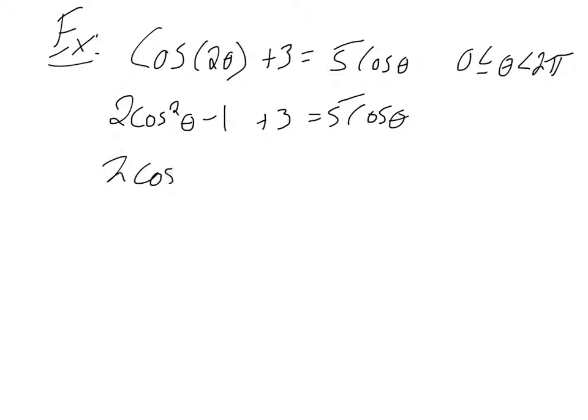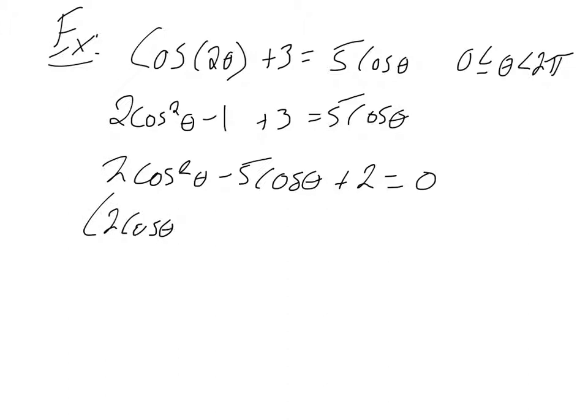So we'll get 2 cosine squared theta minus 5 cosine theta plus 2 is equal to 0. And so we'll get 2 cosine theta and cosine theta, and then we have to have 1 and 2, and they'll both be negative, so negative 2 and negative 1. 2 times 2 is 4, and 1 times 1 is 1 for 5.